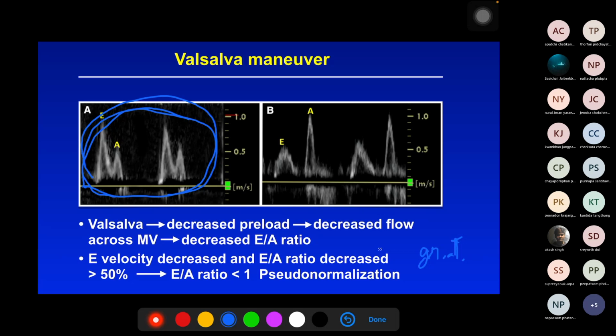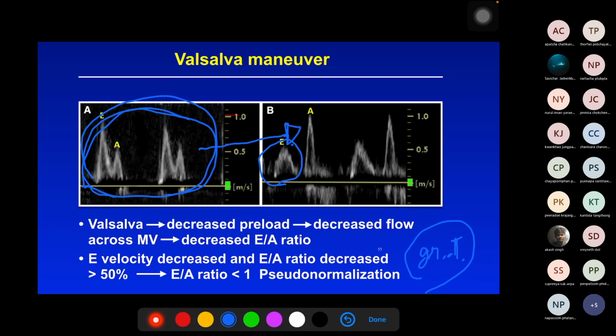If the patient performs the Valsalva maneuver and you obtain the MV inflow again, you see the E is decreased. So this patient has grade 2 diastolic dysfunction. It's not normal.